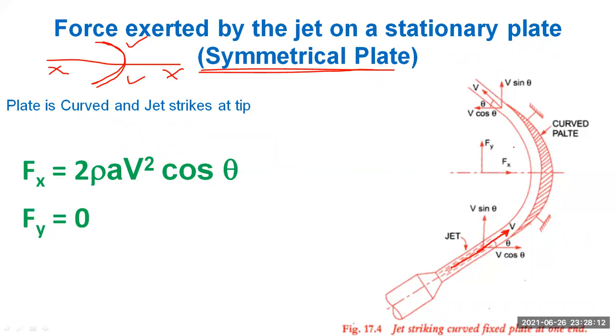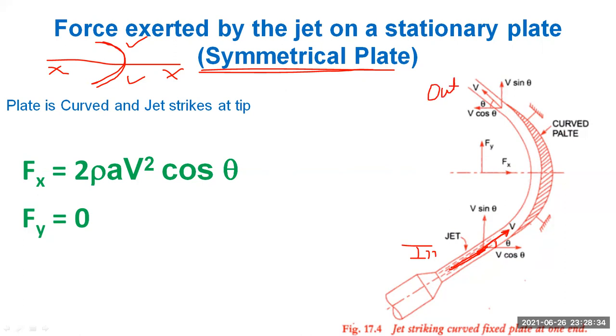So as I have already told, we have considered a jet of water striking the symmetrical curved plate at one end tangentially with an angle theta. So this will be your inlet and this will be your outlet.